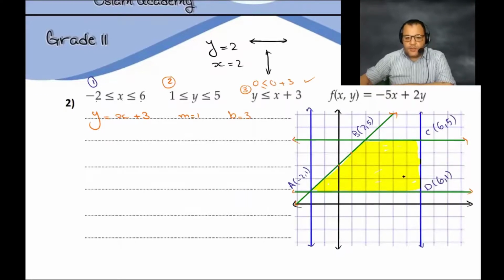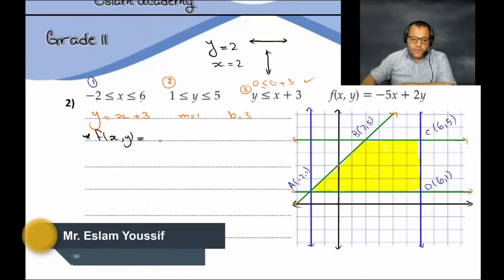At which function, how did you graph number 1? Go back to lesson number 1, lesson number 2, and you will remember how we can graph. The function is -5x plus 2y.